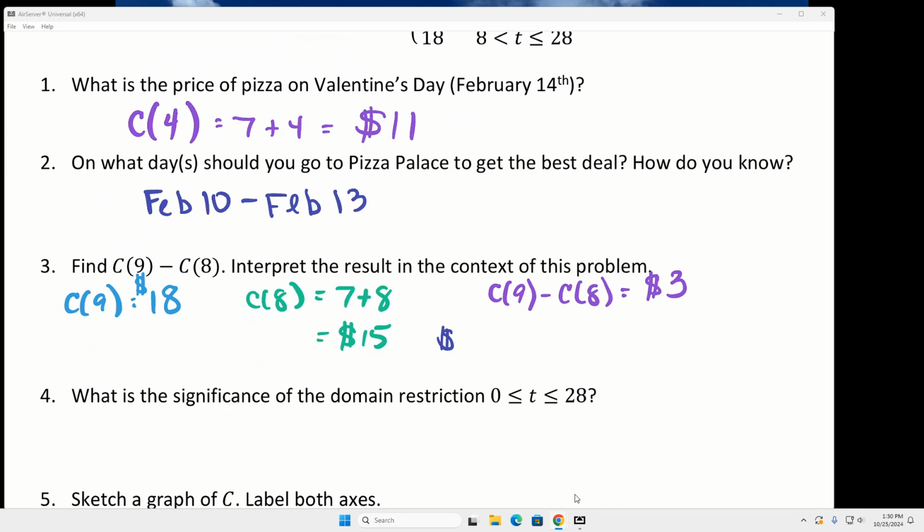So it costs $3 more for pizza on February, what do you think for 9? 19, thank you. And then 18. So that extra day costs you $3.